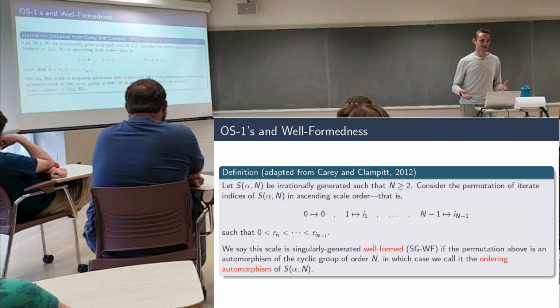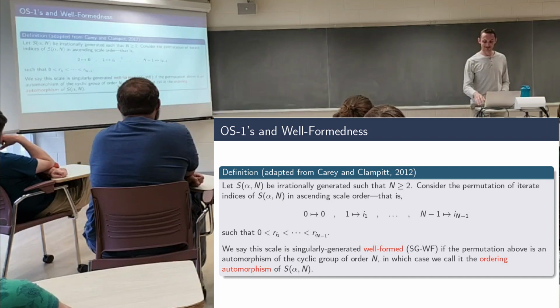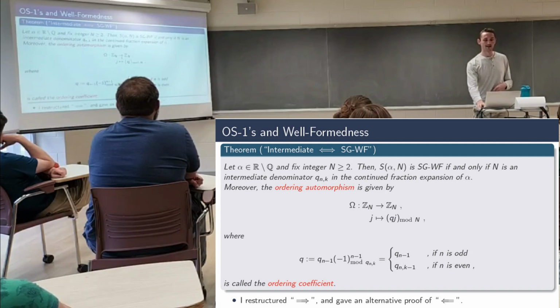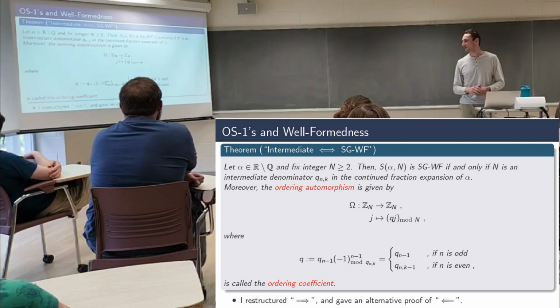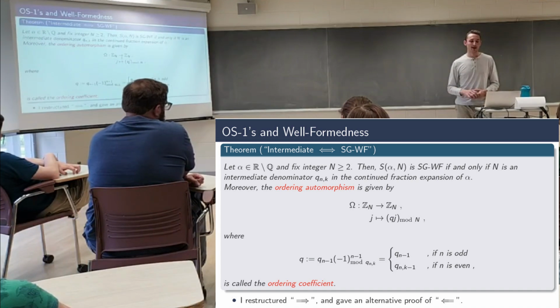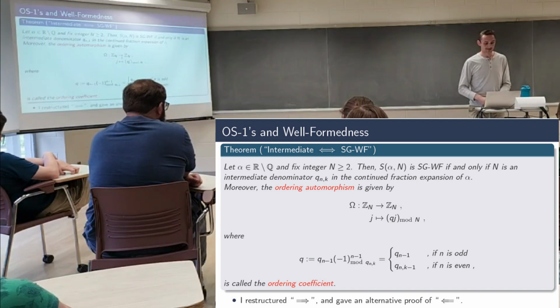We call it the ordering automorphism. If you've taken group theory, cool. If you haven't, that just boils down to, for our purposes, what we just talked about: there's this coefficient q that we can multiply the scale order indices by to get the iterate order indices.